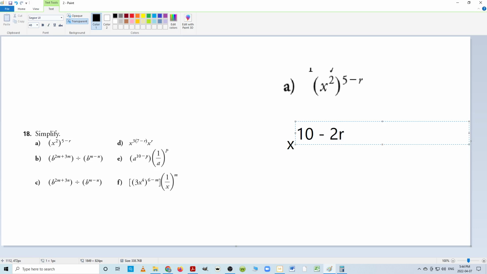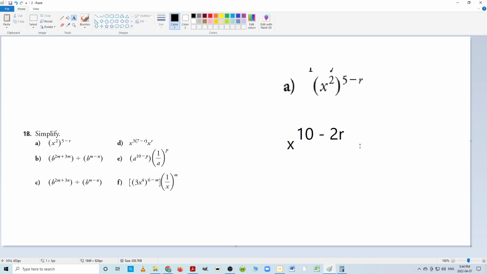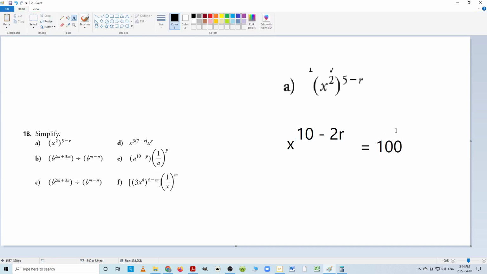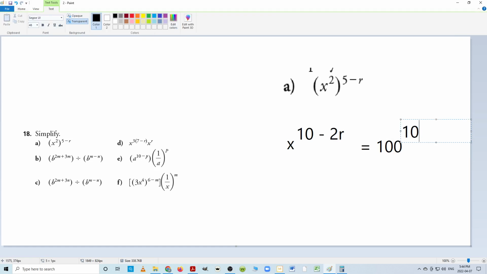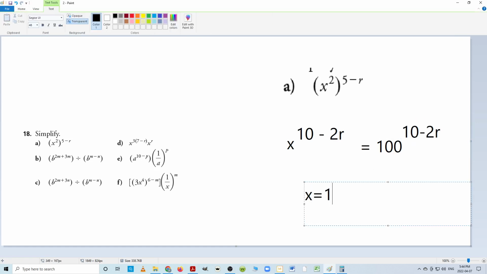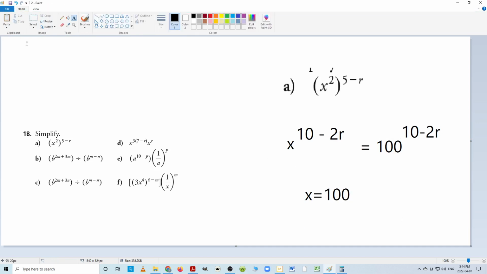And the reason you would do this is because if suddenly I figure out it's equal to 100 to the same exponent, the only way this can be true is when x is equal to 100. So there might be cases where you'd have to solve it, so you need to learn how to expand it properly. This one is just adding an extra twist to it. It's making you do it a few times.